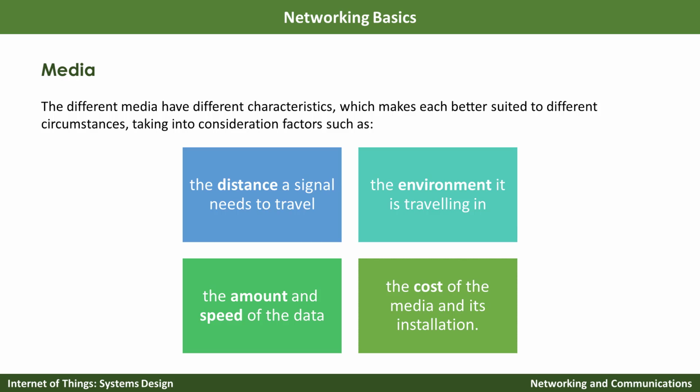So we have to pick the media based on four criteria: the distance a signal needs to travel, the environment it is traveling through, the amount and speed of the data, and the cost of the media and the installation. These are the four criteria that we need to evaluate when picking a media for your IoT system.